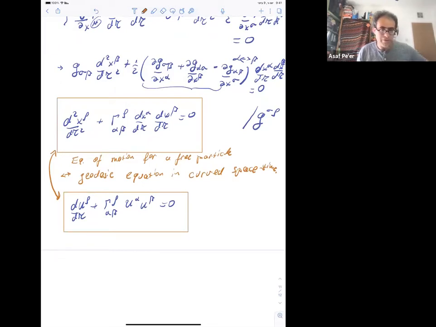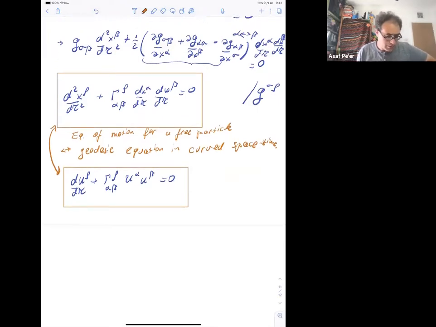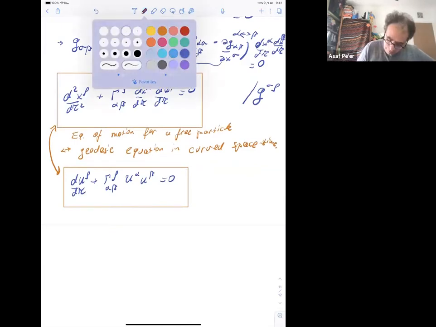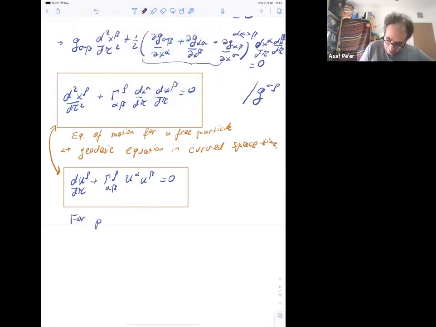Now, again, for photons, right, they will be traveling along null geodesics. So for photons, they travel along what is called a null world line.